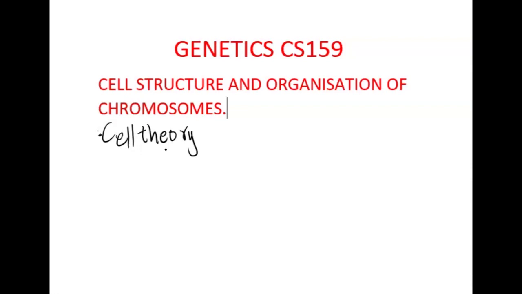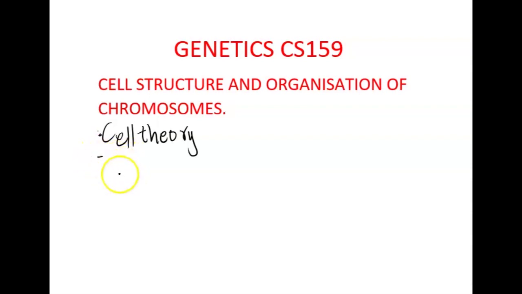As I said in the previous lecture, genetics questions are really based on facts. So the cell theory says living organisms are made up of cells that are basic units of life, and that all cells are formed from pre-existing cells. Let's write down the theories.